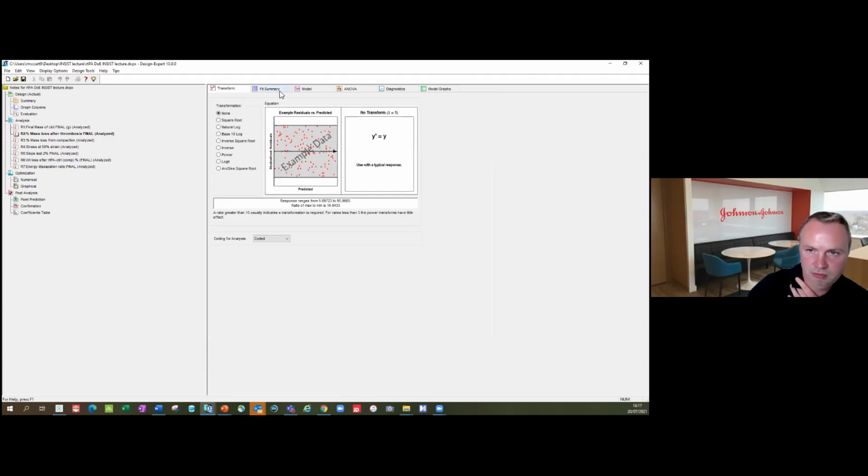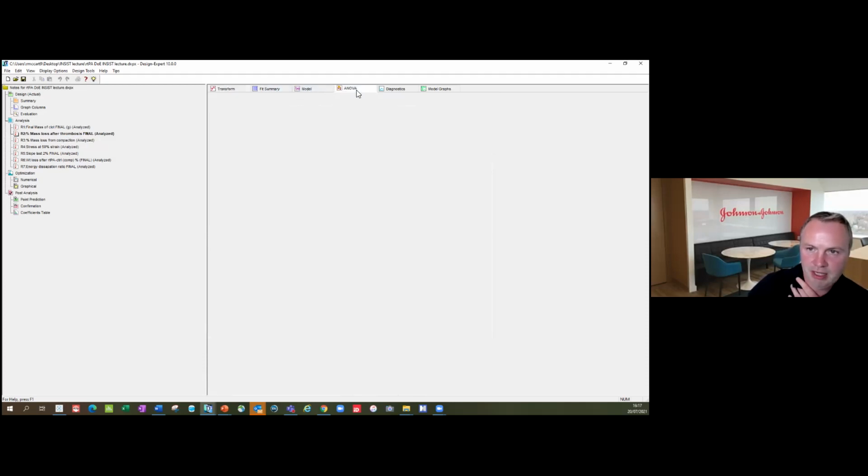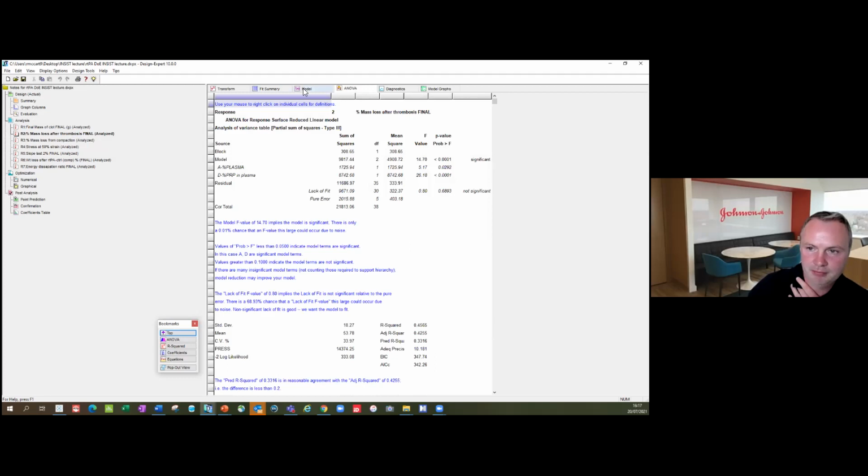And the answer is no. If we do the same analysis after removing blood volume, we're just left with percent plasma and percent PRP. So accounting for the fact that you're starting with different blood volumes hasn't really impacted how much the clots reduce. The only factors that affected that were percent plasma and percent PRP in plasma.